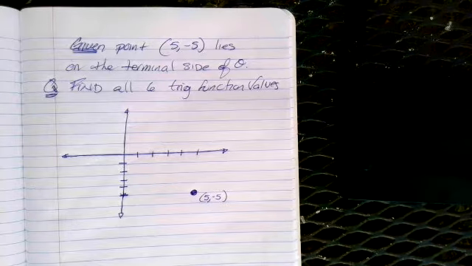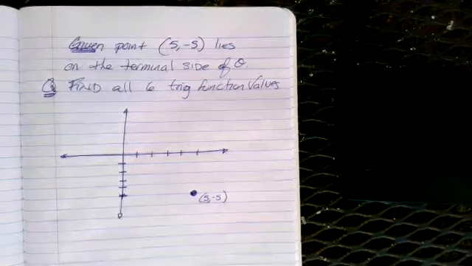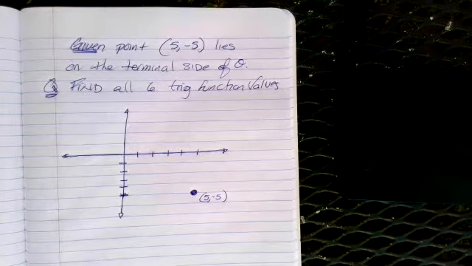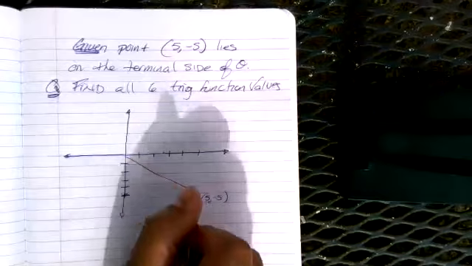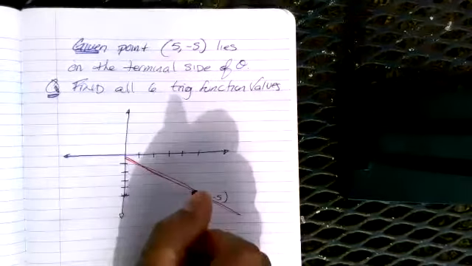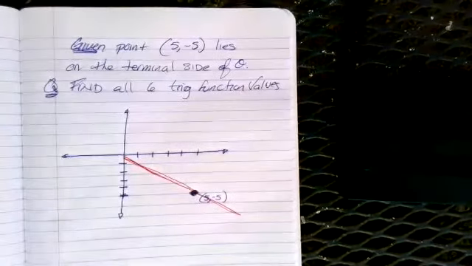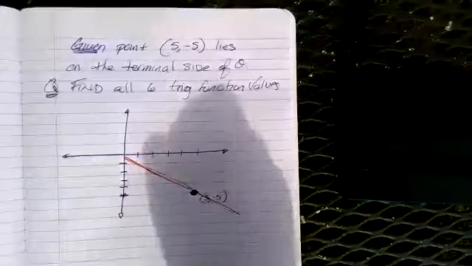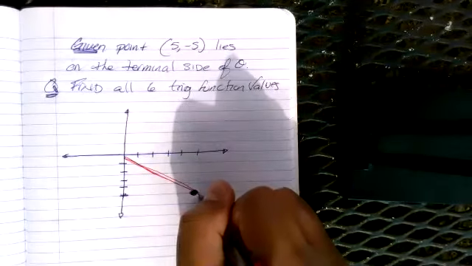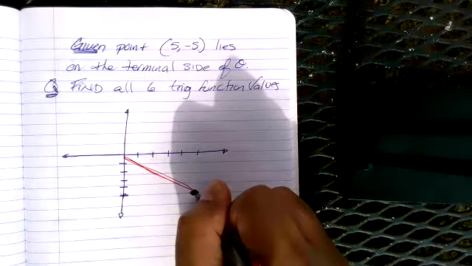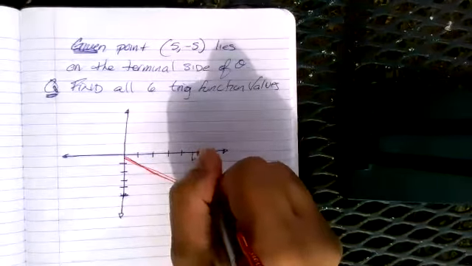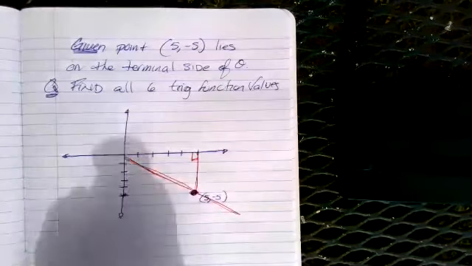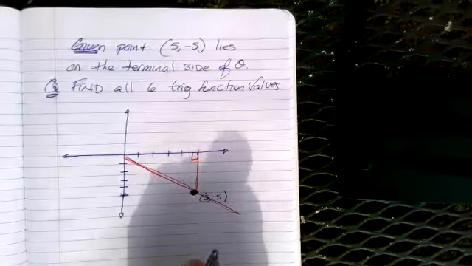So you see I've plotted the point 5, negative 5 and that lies on the terminal side of theta. So I draw a line through it because that lies on a terminal side of an angle. So I want to create a reference triangle. So I'm going to draw a line from the terminal side of theta to the x-axis, which creates a right triangle. They want us to find all 6 trig function values.